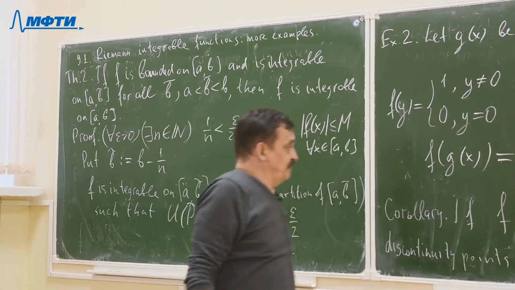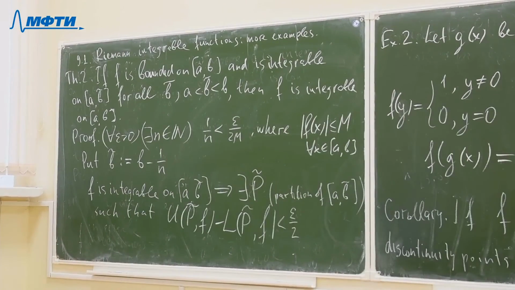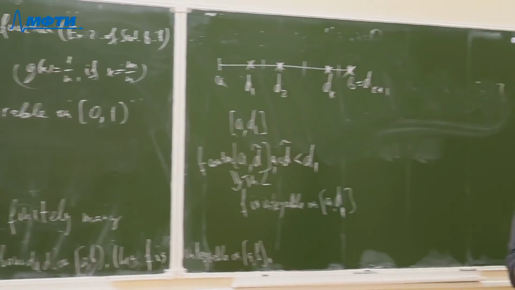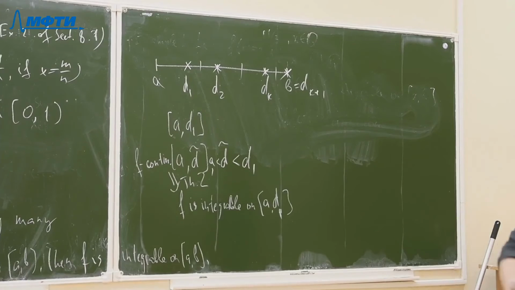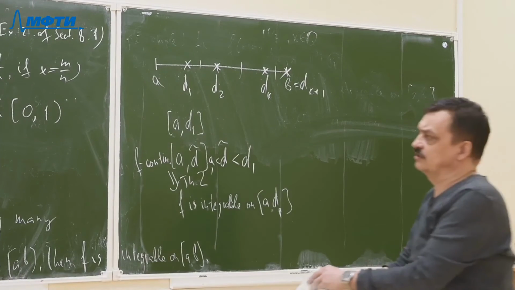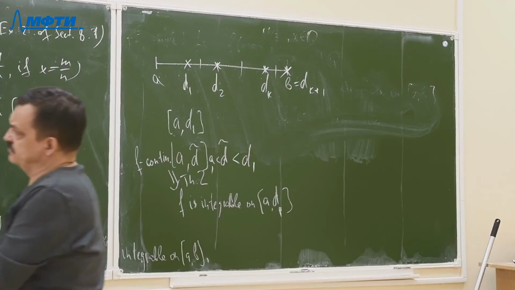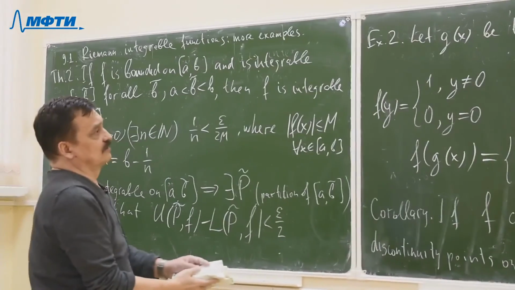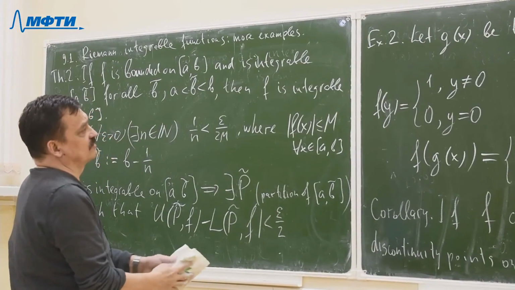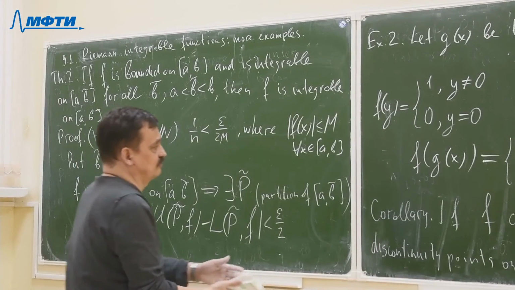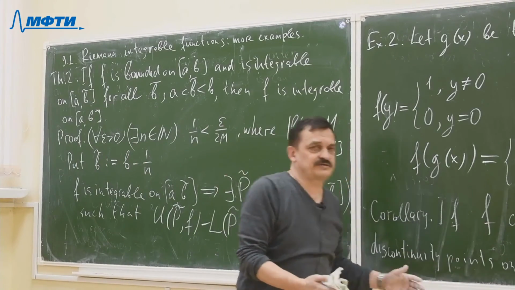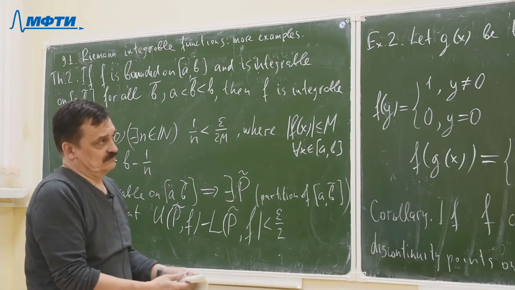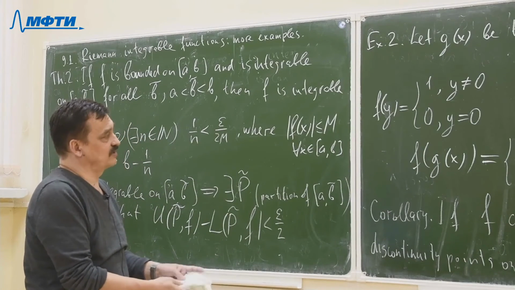So now we have a rather huge extension of integrable functions. You see, composition of continuous with integrable, so squares, for example, products of two integrable functions are also integrable. Also, finitely many points is okay, and so many functions are integrable.